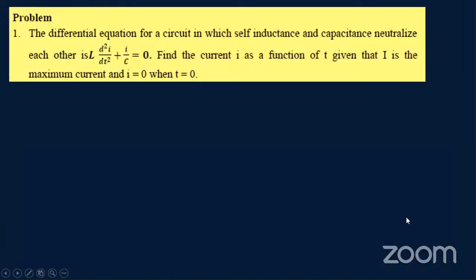So with this, let us go with one example problem, a problem which may consist of electromotive force or may not. First, I am taking a simple problem: the differential equation for a circuit in which self-inductance and capacitance neutralize each other is given as L d square I by dt square plus I by C equal to 0.